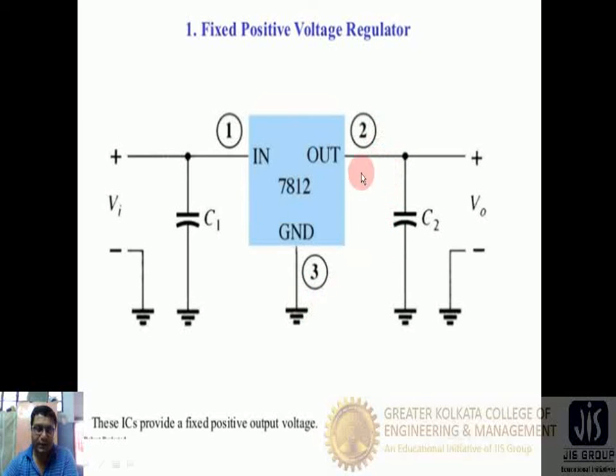Keep in mind, as it is a 12 volt voltage regulator, we have to provide an input voltage greater than 12 volts to get a regulated 12 volt output. If we give less than 12 volts, then we cannot get a 12 volt output. So we have to apply something around 15 volts or 18 volts to get 12 volts as a regulated output. So this is a fixed positive voltage regulator available in IC form.